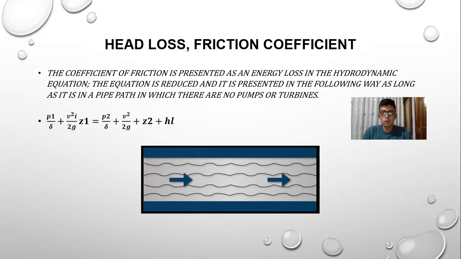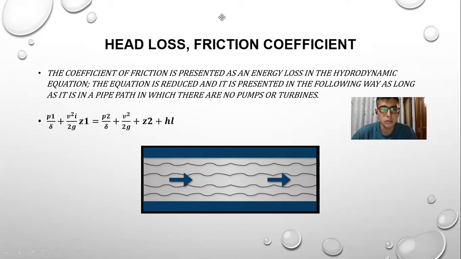Head loss and friction equation. The coefficient of friction is present as an energy loss in the hydrodynamic equation. The equation is reduced and is presented in the following way, as long as it is in a pipe path in which there are no pumps or turbines.